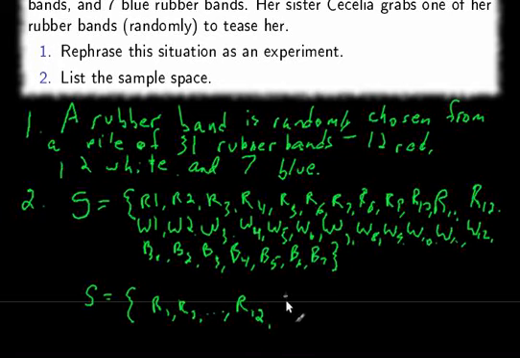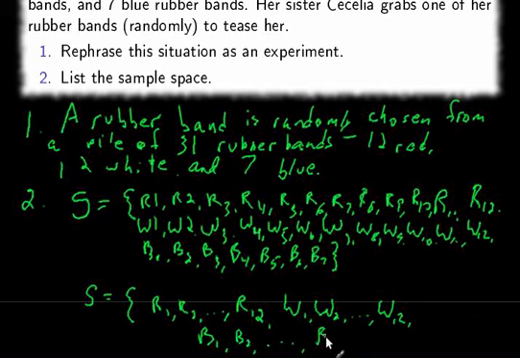And then white 1, white 2, dot, dot, dot, all the way up to white 12. And then blue 1, blue 2, dot, dot, dot, all the way up to blue 7.